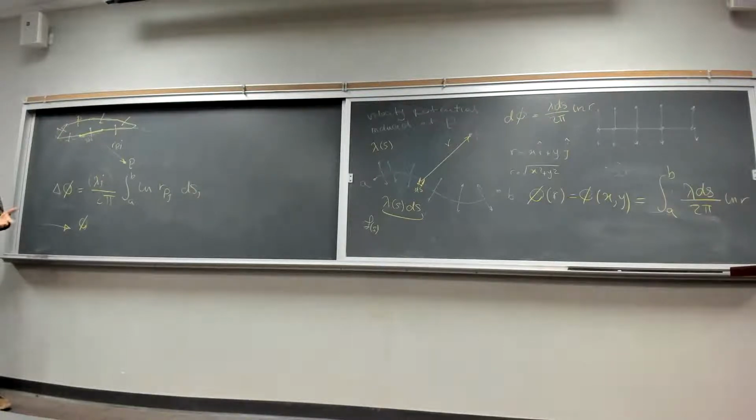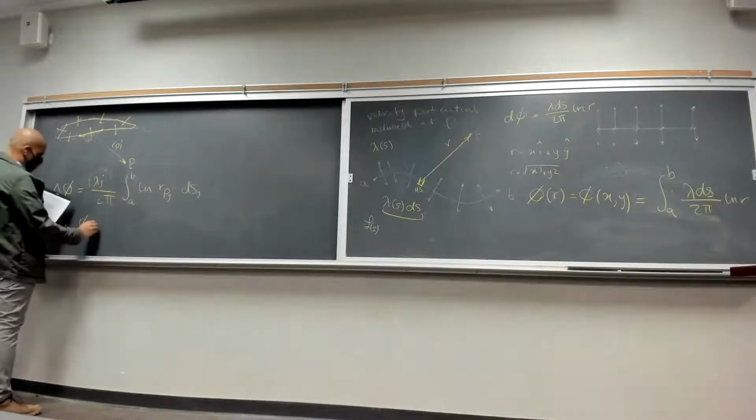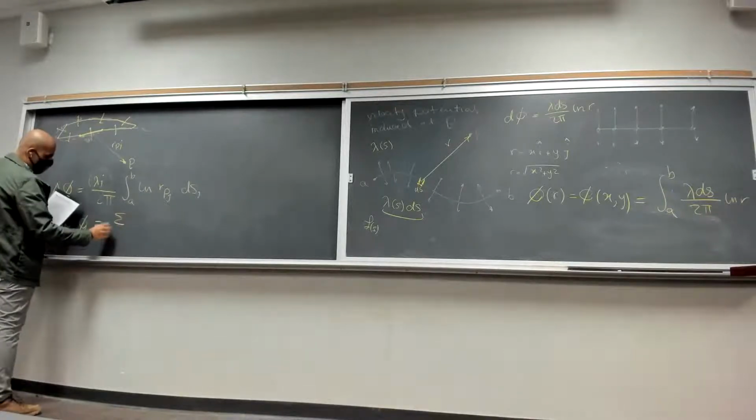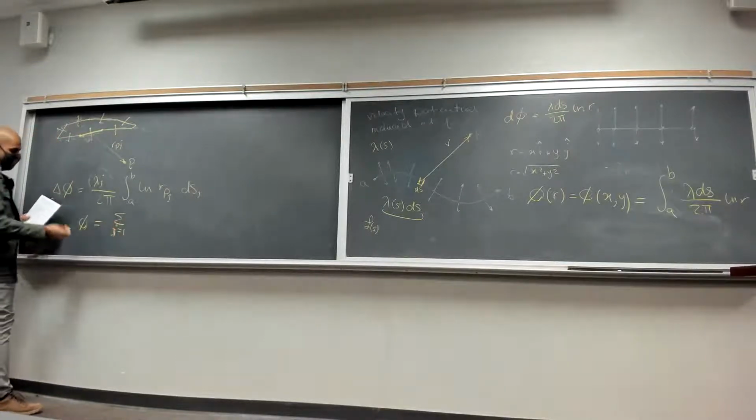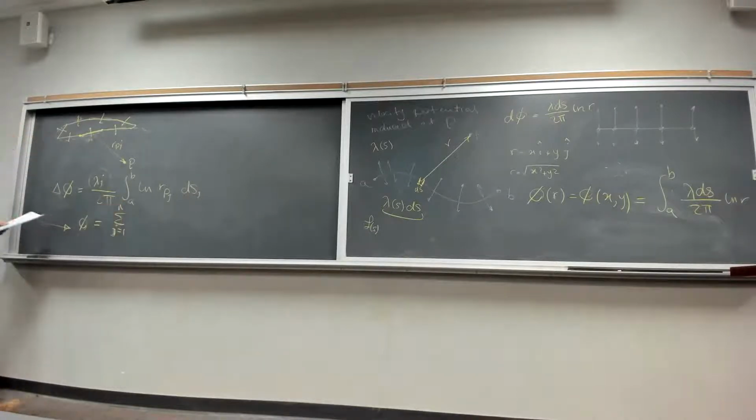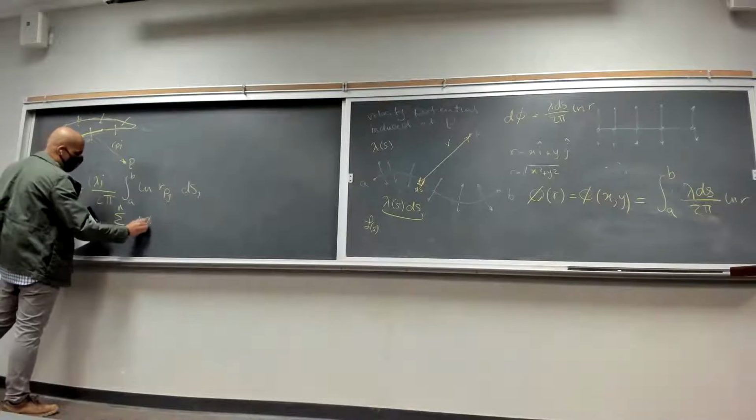Someone says series, which is correct. So essentially, you are going to get the sum from j equals 1 to n, which is the number of your panels, of delta phi j.